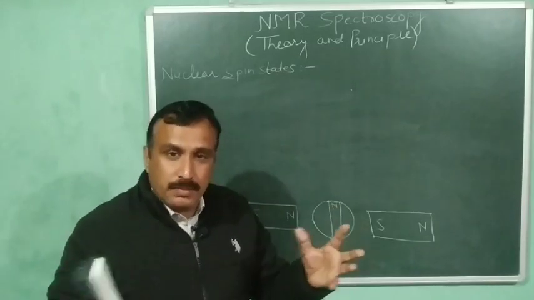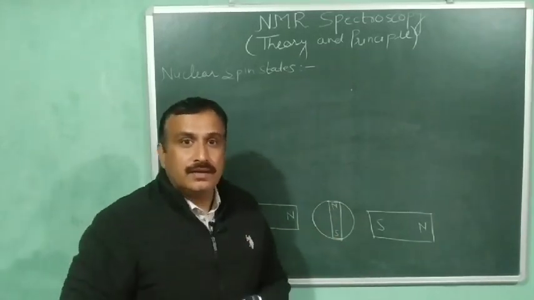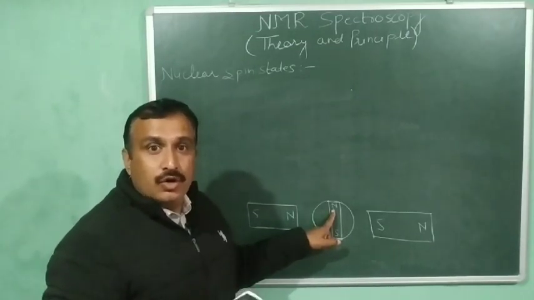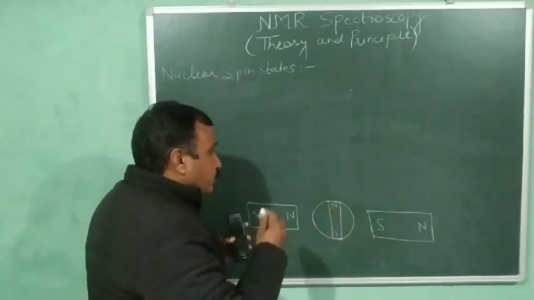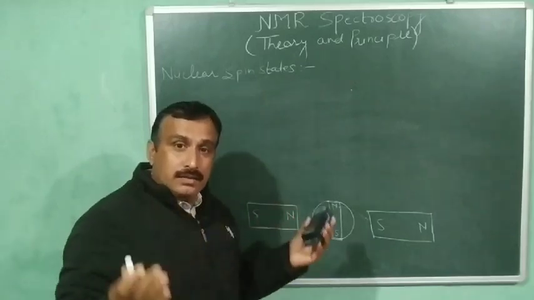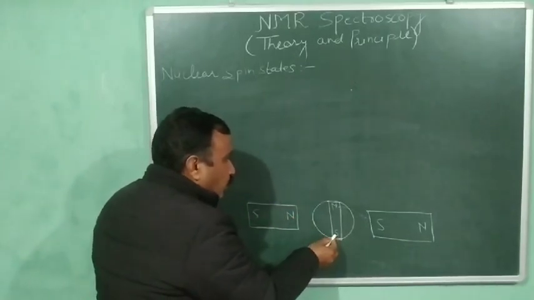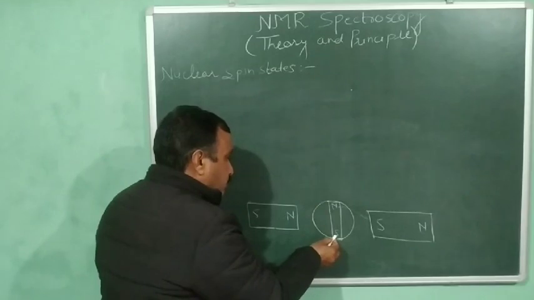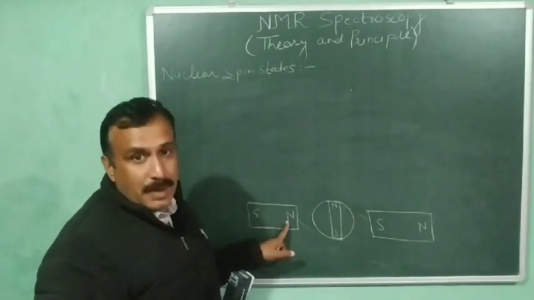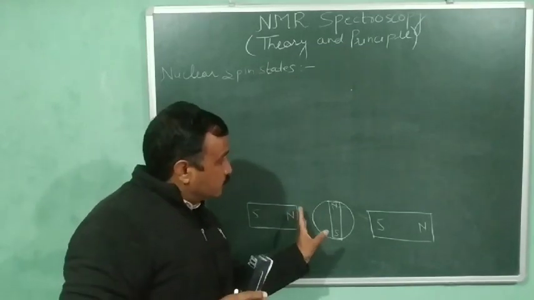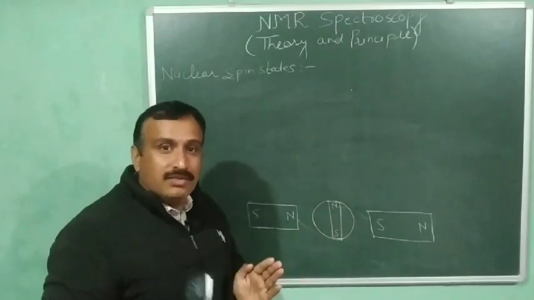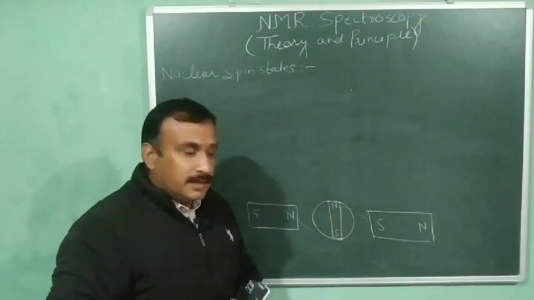So when this external magnetic field is applied, then definitely the north pole of this nucleus magnet or proton magnet will be attracted towards the south pole of the external magnet, and the south pole of this proton magnet will be attracted towards the north pole of the external field magnet, and this proton magnet will be oriented with the direction of the magnetic field like this.